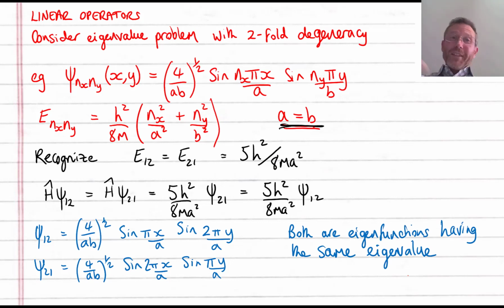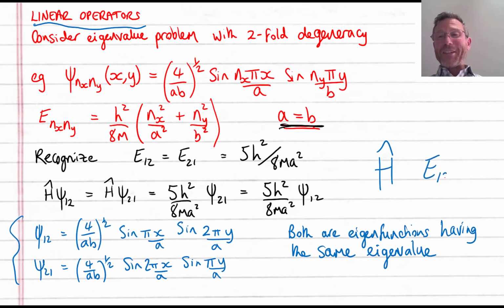We started this particular slide by talking about linear operators. So what does this mean? This means that any combination of these two wave functions is also going to be an eigenfunction of the operator h hat with the same eigenvalue, E12 equals E21. So think about that for a second.